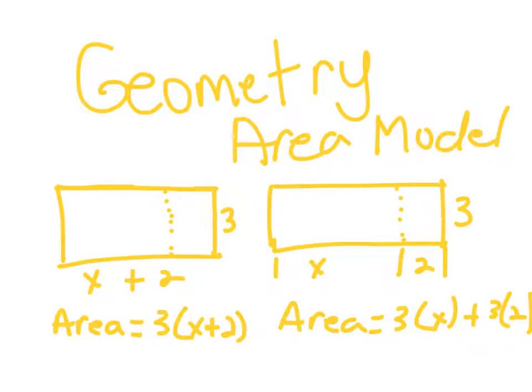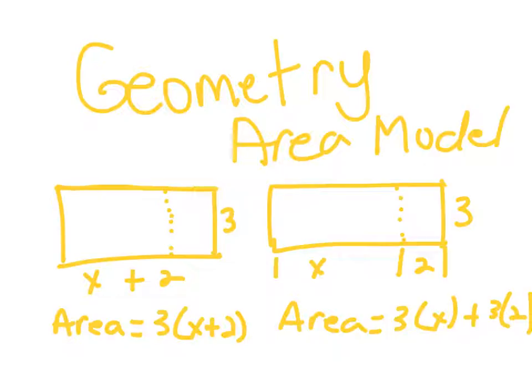So with the distributive property, we're going to use geometry as an example, using an area model. We can look at this first box. Let's pretend they're the same size for this lesson. We have a box here, and part of it is proportioned off here.